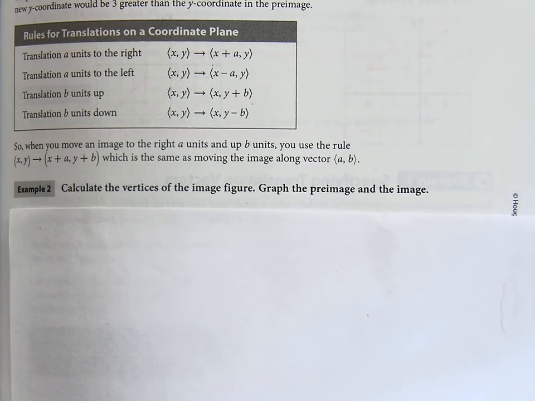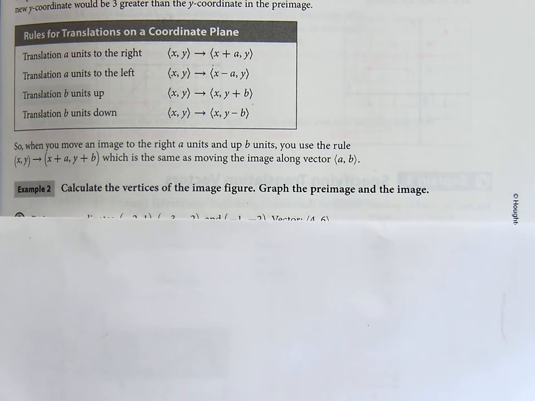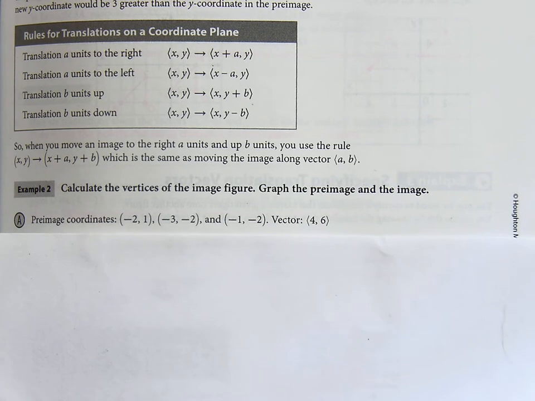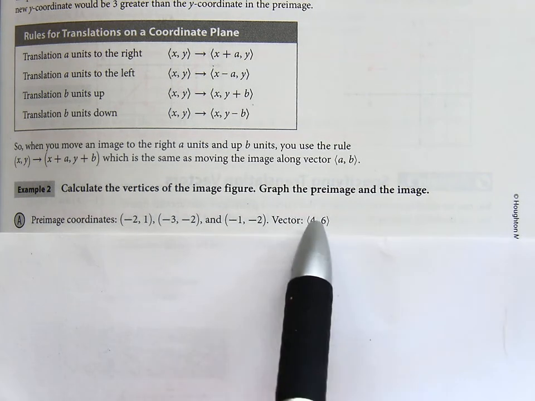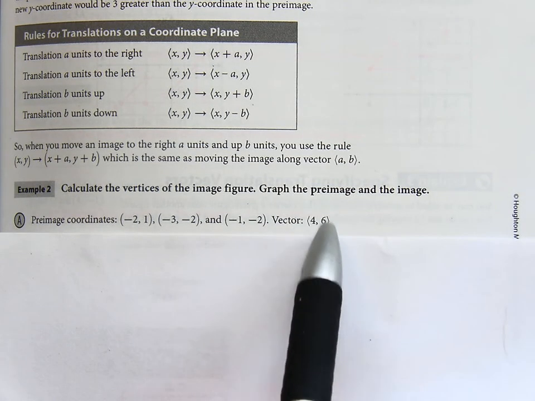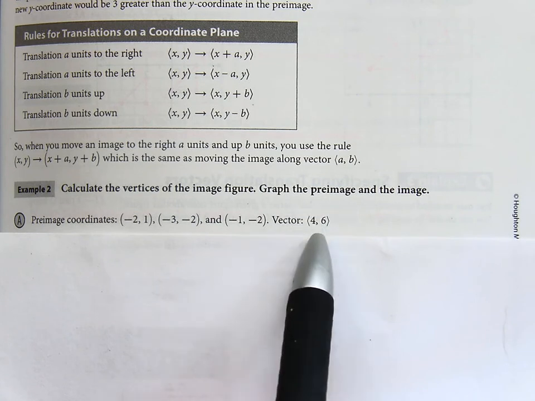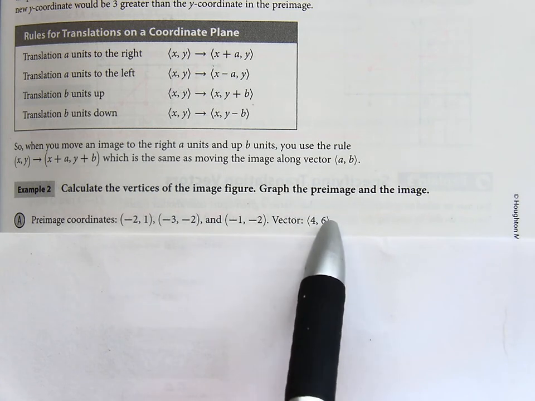So calculate the vertices of the image figure, and graph the pre-image and the image. We have our pre-image coordinates, but we want to translate by the vector (4, 6). If you need to, put a little plus x over the 4 and a plus y over the 6.